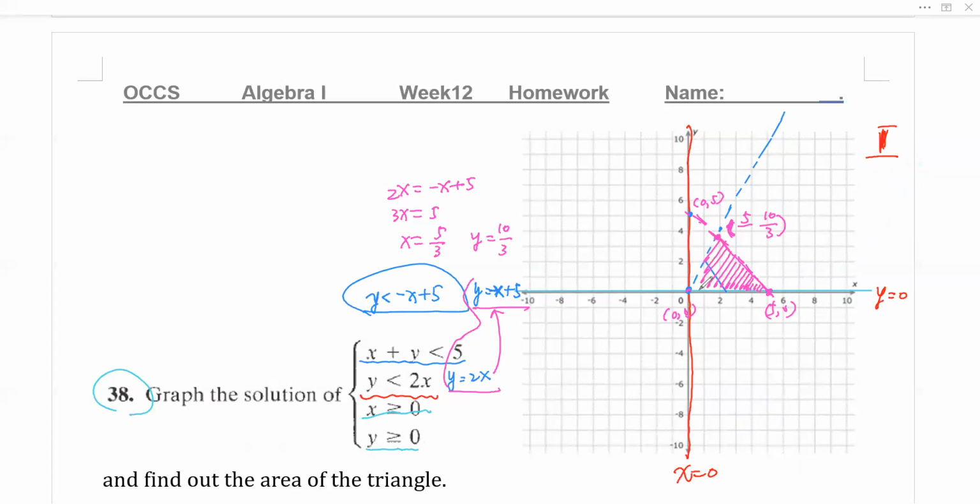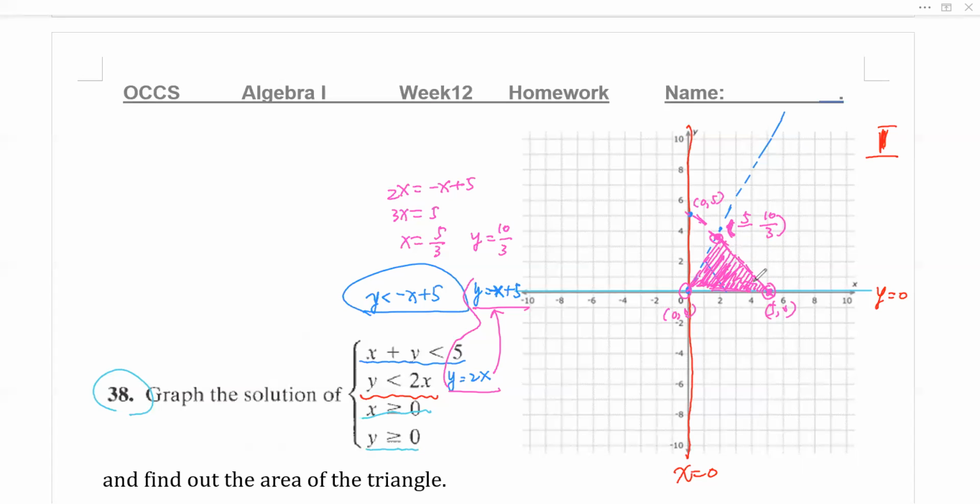So what's the question? Graph the solution. So we can graph this solution. The bottom line is a solid line. This is a dash line, not including this dot, right? Not including this dot. Okay, so we're graphing here. Here is the shadow. This is like a triangle.